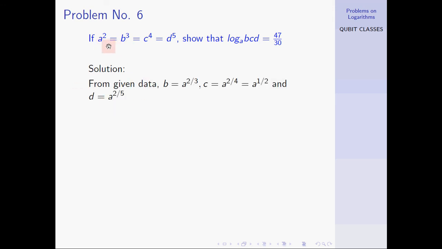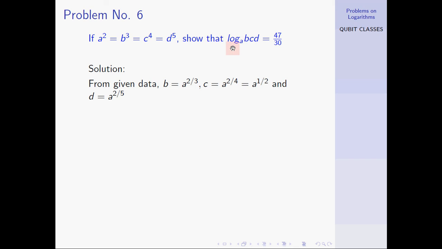So, if a squared equals b cube, I can write b as a raised to 2 upon 3. Similarly, I can write c as a raised to 2 upon 4, which is square root of a. And I can write d as a raised to 2 upon 5.